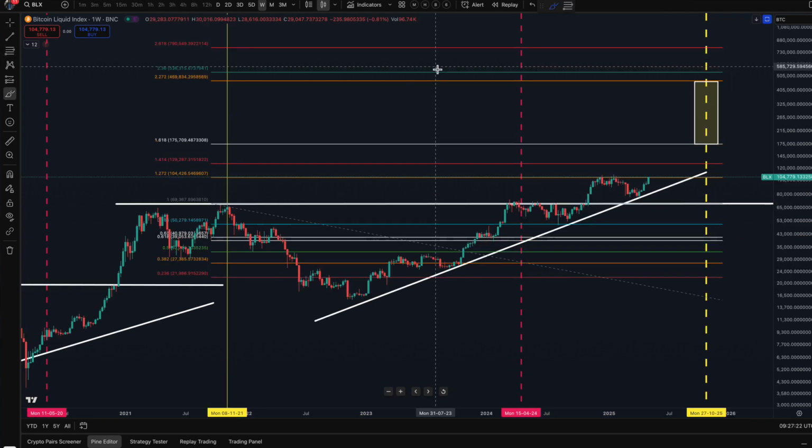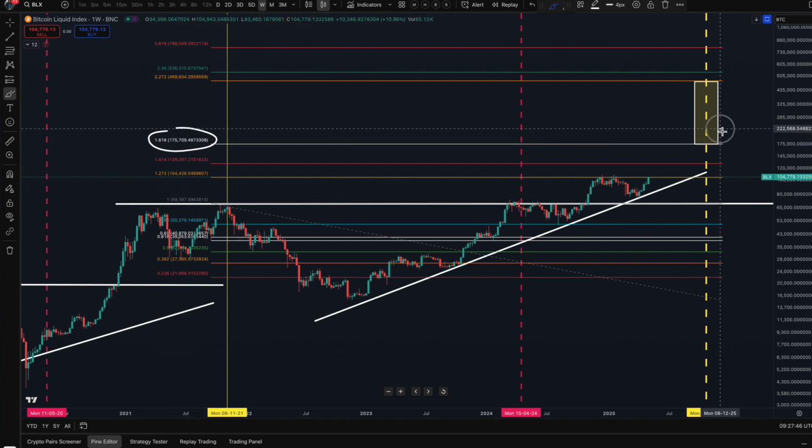So using the first three cycles as an example of the three possible targets that we've now got, the first one obviously was the last cycle, and that was at the 1.618. So when we get up to the 175,000, this could possibly be the top of the current bull market. The second target, which we got into in 2013, was the 2.272, and that is at 469,000.